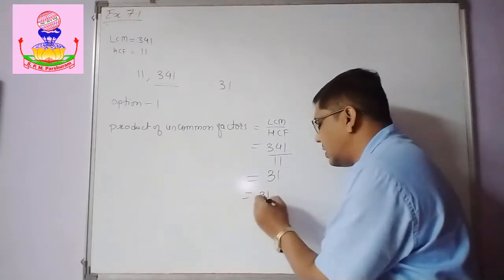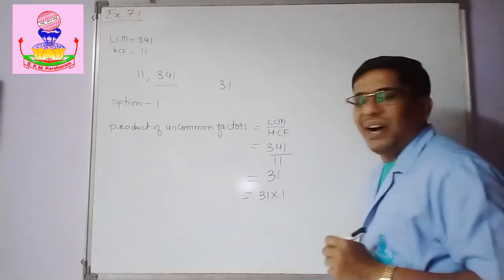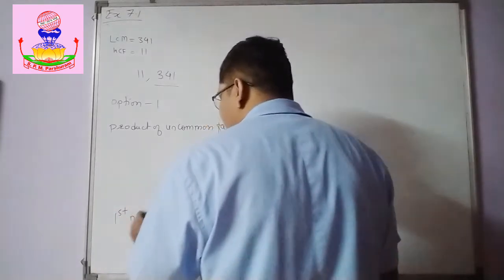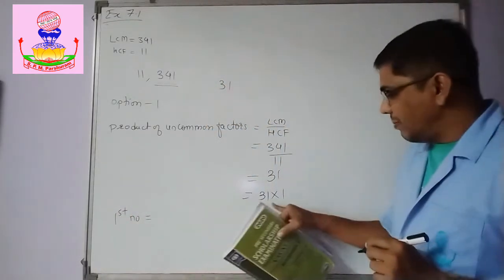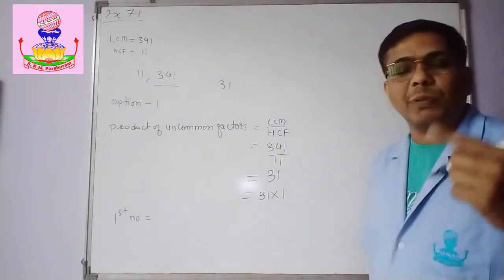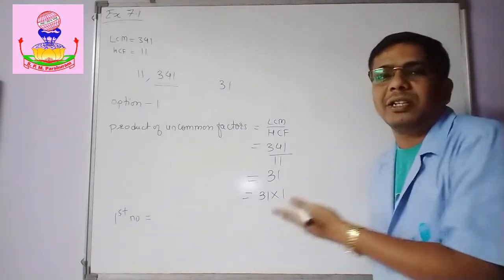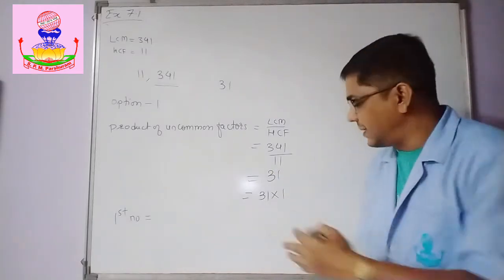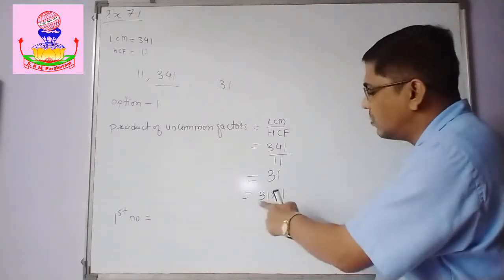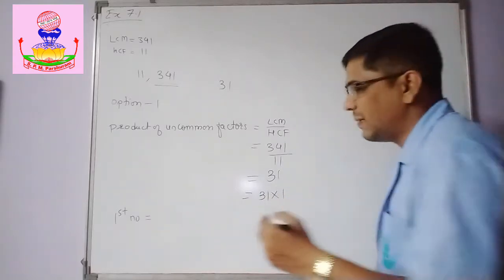Now 31 itself is a prime number. So how can I express it as a product? 31 into 1. So what I have said, to find the numbers, express this product as a product of two numbers. Now 31 itself is a product, so I can express it as 31 ones are 31. Now multiply these two by HCF, you will get both the numbers.